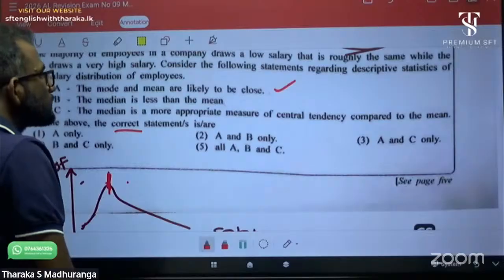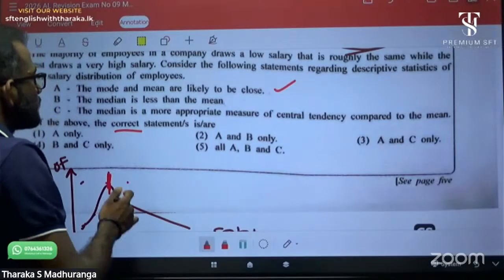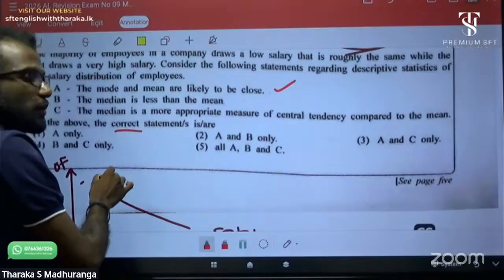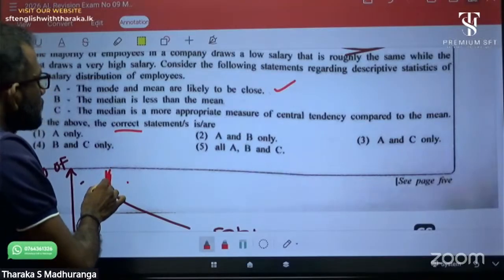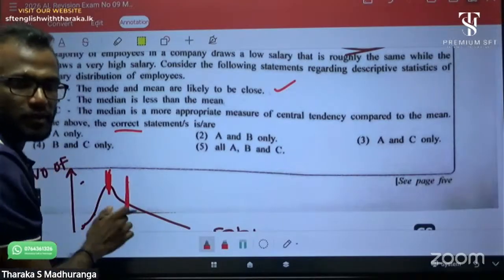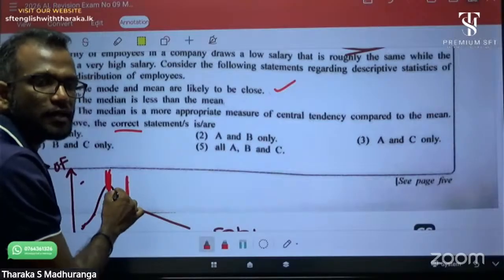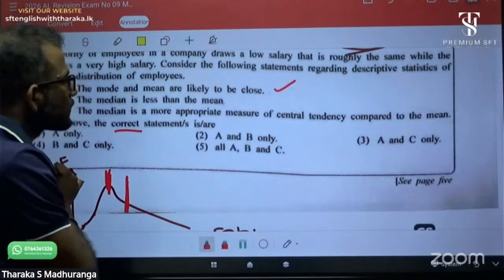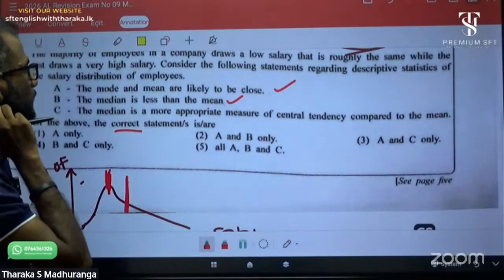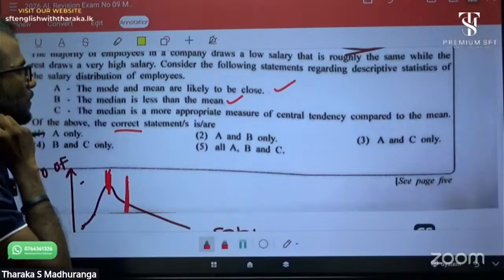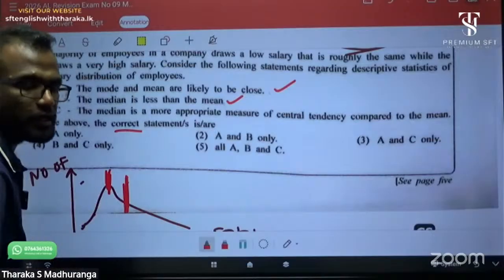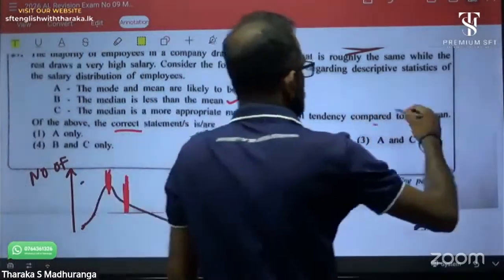The median is less than the mean, because the median is located here, but the mean is located here. Therefore it is less. That's correct. The median is a more appropriate measure of central tendency, the exact middle one.